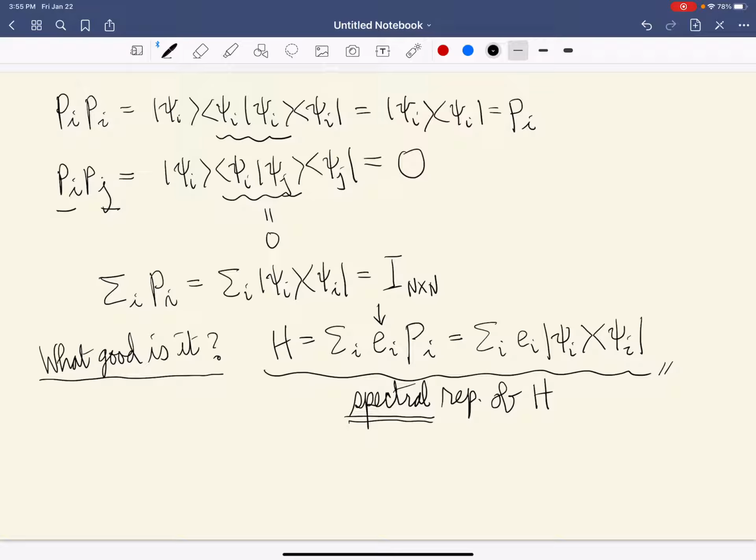Now, first of all, the first immediate good thing about having a spectral representation is that it's very easy to work out the power of a matrix. So when you try to calculate the square of some n by n matrix by hand, then you have to go through this extremely tedious multiplication process n squared number of times, and that's just extremely boring.